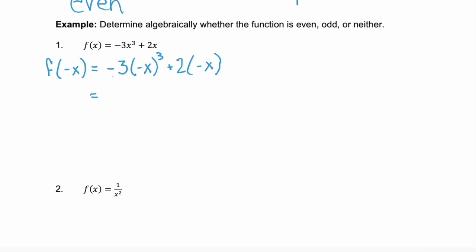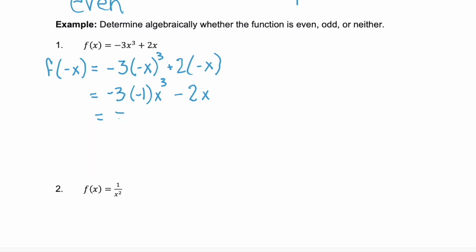And we can simplify this. So negative 3, negative x cubed will be negative 1 cubed, which is a negative. So we're going to have negative 1 and then x cubed. And 2 times negative x is negative 2x.